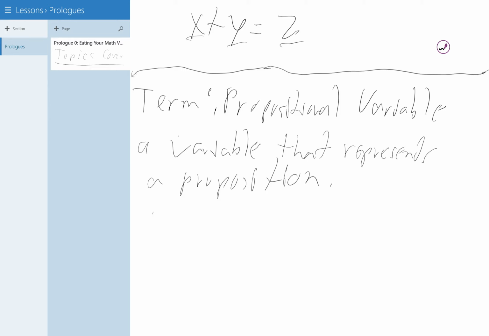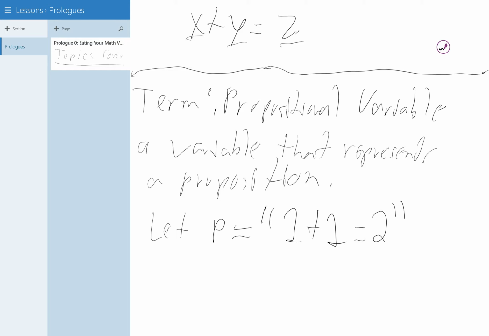So you could say, let p, so p is going to be my variable, equals 1 plus 1 equals 2.